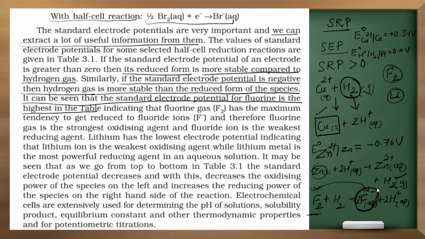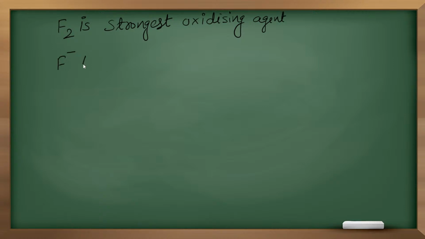Fluoride ions are the weakest reducing agents. F2 is strongest oxidizing agent, but fluoride ion is weakest reducing agent.